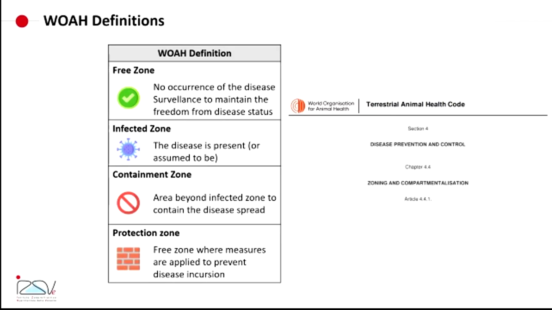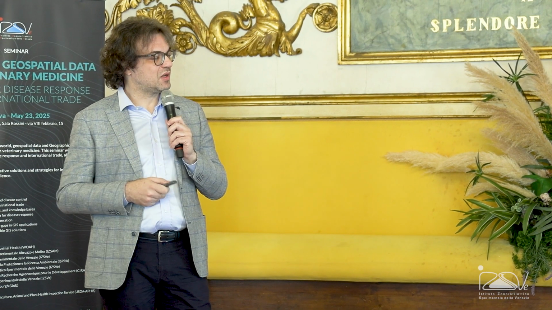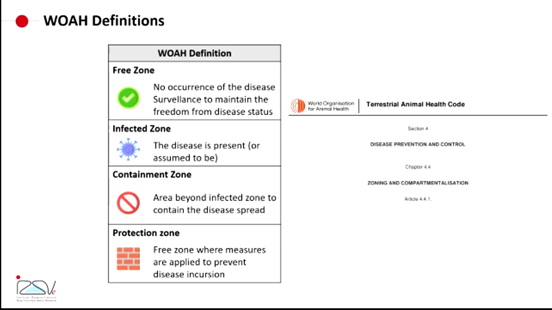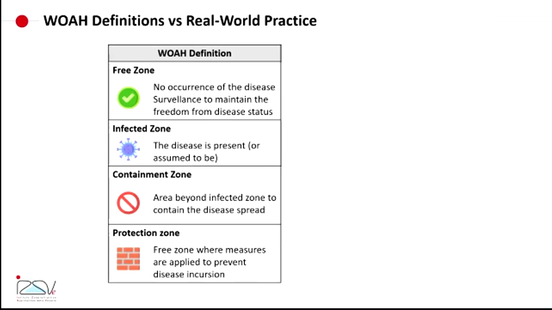But the four main zones are the free zone, just a single zone where you don't have any case; the infected zone where the disease is present; the containment zone, which is an infected zone larger than a normal infected zone that contains more outbreaks and is used to contain the disease; and the protection zone, which is a free zone that has some measures used to avoid the incursion of disease.